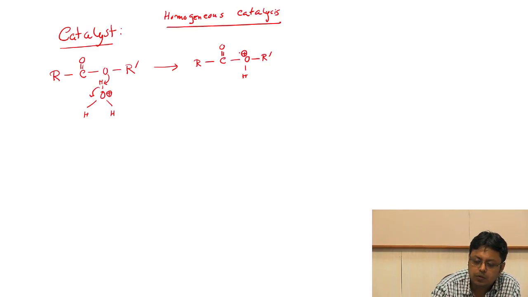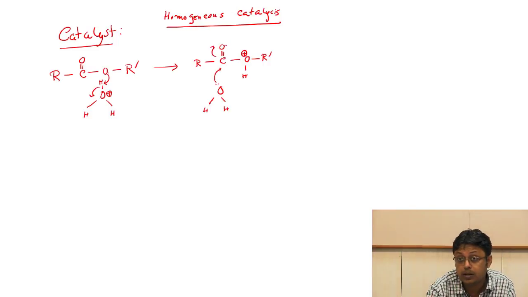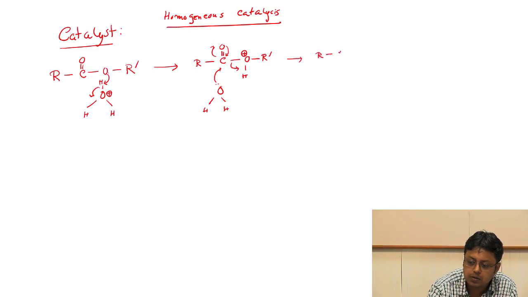In the second step, the medium also has water, and the lone pair of the oxygen of water can attack this carbonyl center, and then after opening and reopening, in organic chemistry language, it can give you the product like R, C, O, OH, and then R, O, H.